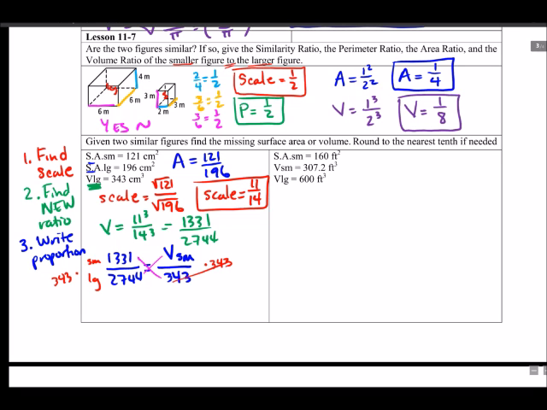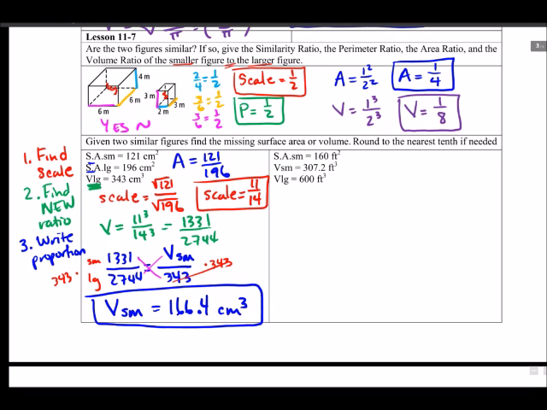Either way, we end up with the volume of the small figure is 166.4, and our unit is centimeters cubed. So easy enough. All right, let's look at the next problem.